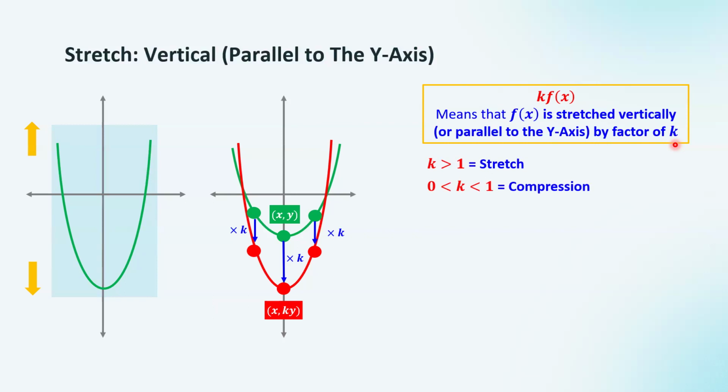Now, a bit of a question, guys. What about if we have a negative k value? Can you try to guess what will happen? If we have a negative k value, we are going to reflect it.